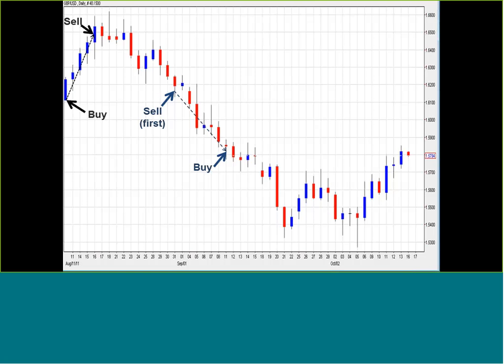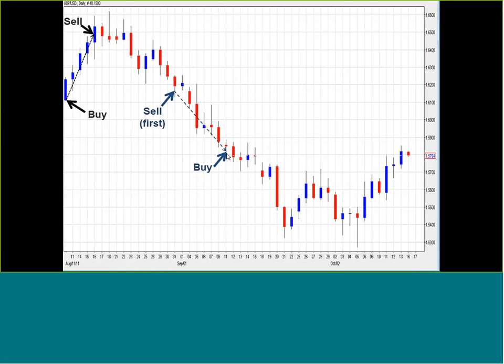Here's just a little chart. It doesn't matter what the chart is, but the basic idea of the game is to buy at a low price and sell at a higher price, or to sell first at a higher price and buy it back at a lower price.